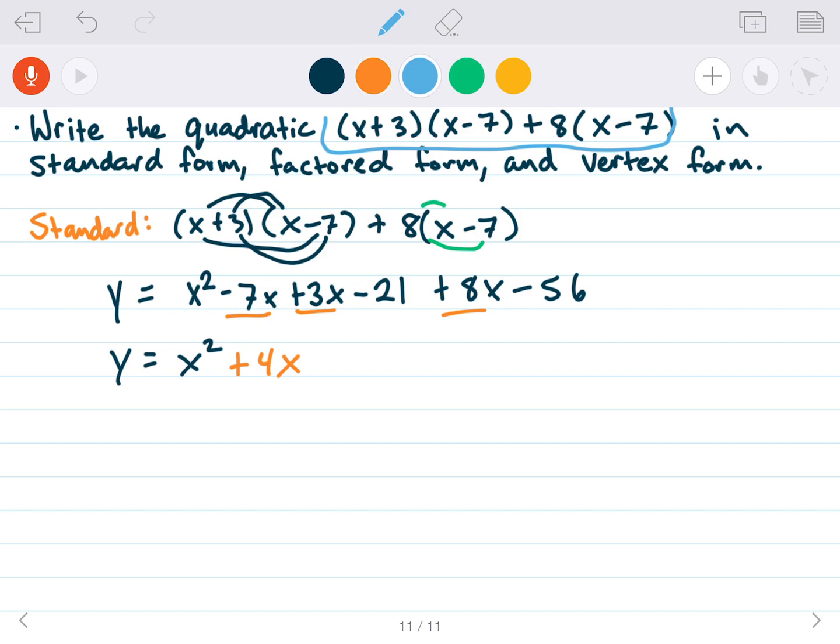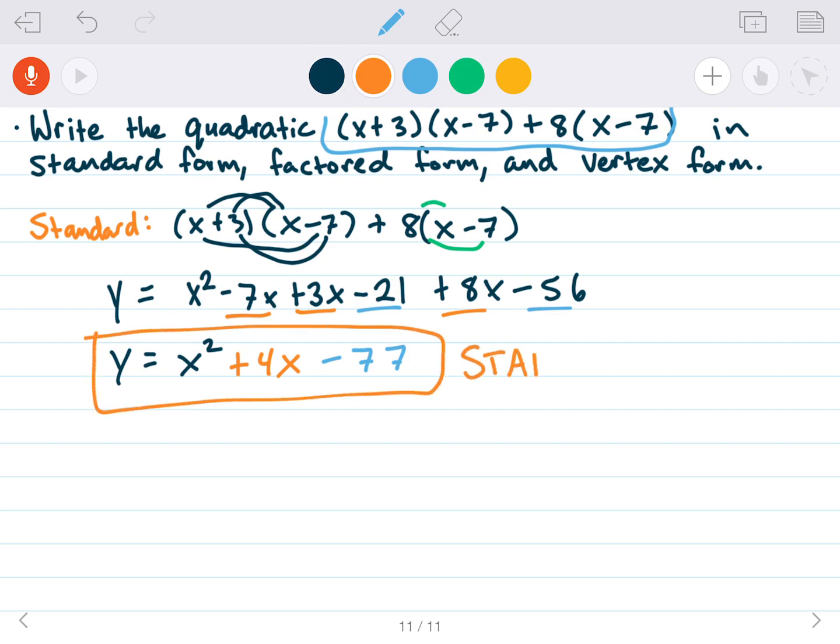And then negative 21 minus 56 is negative 77. So this is my answer in standard form. A is 1, B is 4, and C is negative 77.